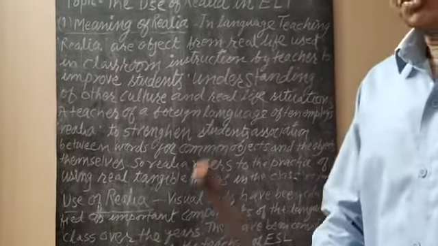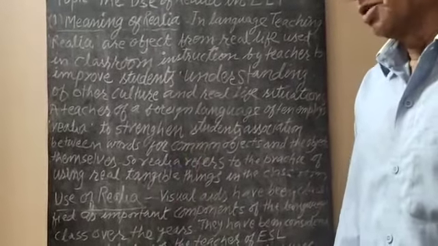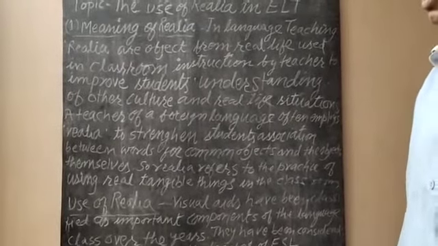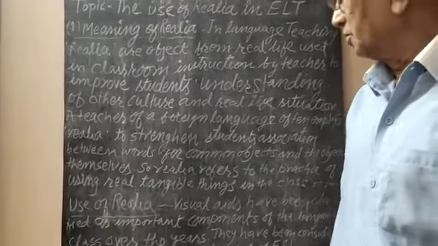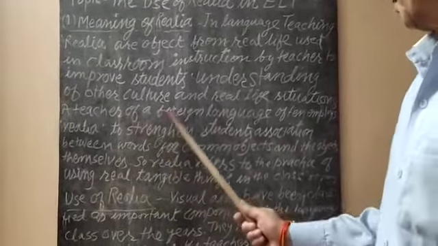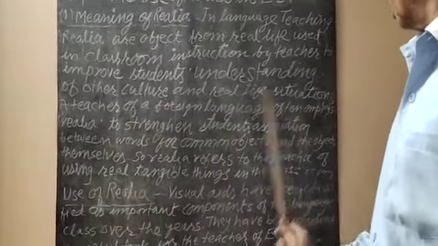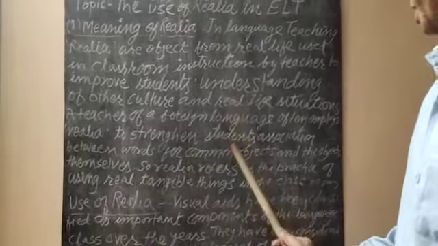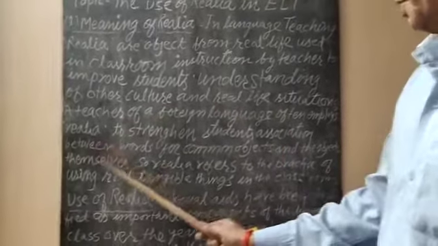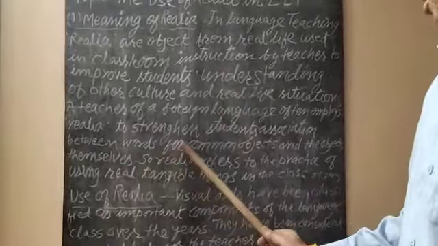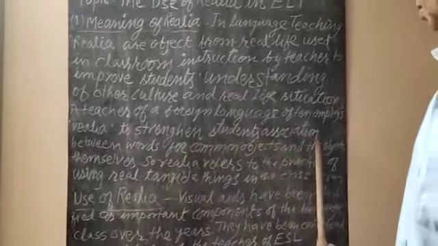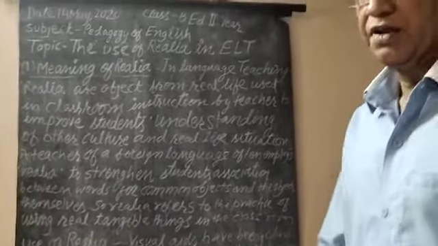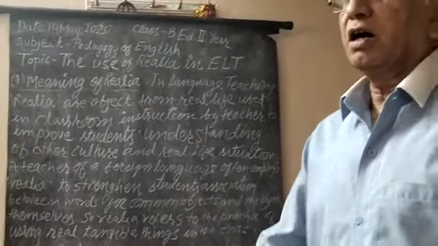The students are very curious in a class where Realia is used. A teacher of a foreign language uses Realia to strengthen students' association between words for common objects and the objects themselves. It means the objects themselves and the words for them are associated.